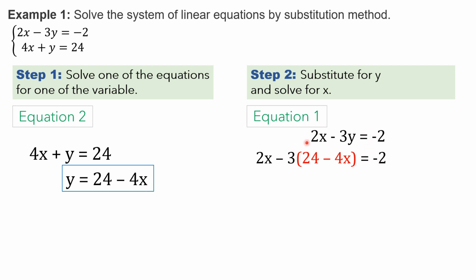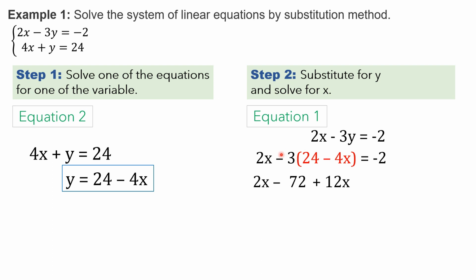After that, distribute. So we will multiply this 3 to 24 and to negative 4x. Okay, negative 3 times 24 and negative 3 times negative 4x. Let's see. So 2x just bring down. Then solve for 3 times 24 will have negative 72. Then negative 3 times negative 4 will give us positive 12.